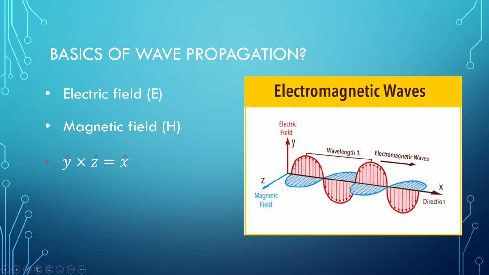The electric field is represented by these red waves, and the magnetic field is represented by this blue wave. The angle between the electric field and the magnetic field is always 90 degrees. They are always perpendicular to each other.